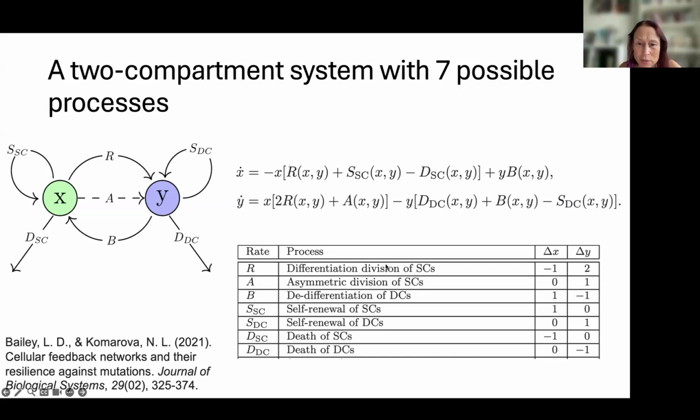Let me also do self-renewal divisions. This is the second type of divisions that stem cells undergo. Now, if an X divides, it creates 2X. So what happens with this process is the number of X's increases by 1 and the number of Y's doesn't change.